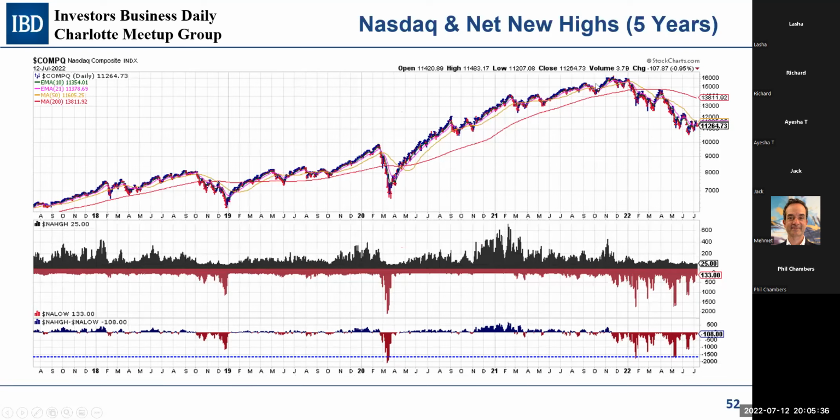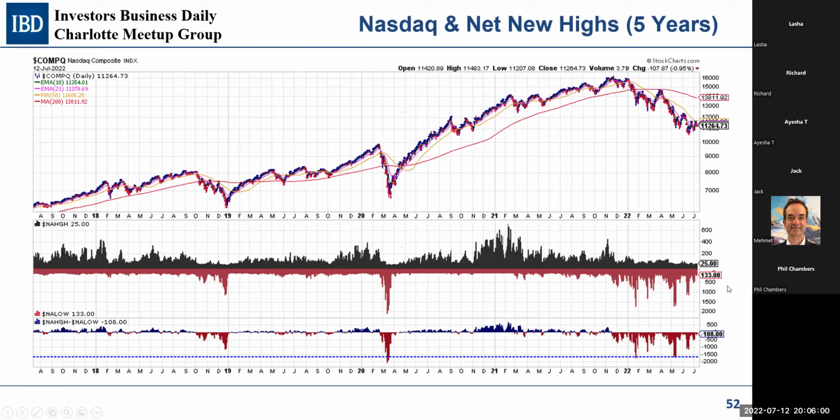And we've brought this out 5 years, so we can zoom out 5 years with this chart. And notice that it's about as bad as it was in 2020 as far as the net new low number, and it's been more consistent for these 7 months of net new lows. And the net new lows actually outpaced the 2018 bottom here.